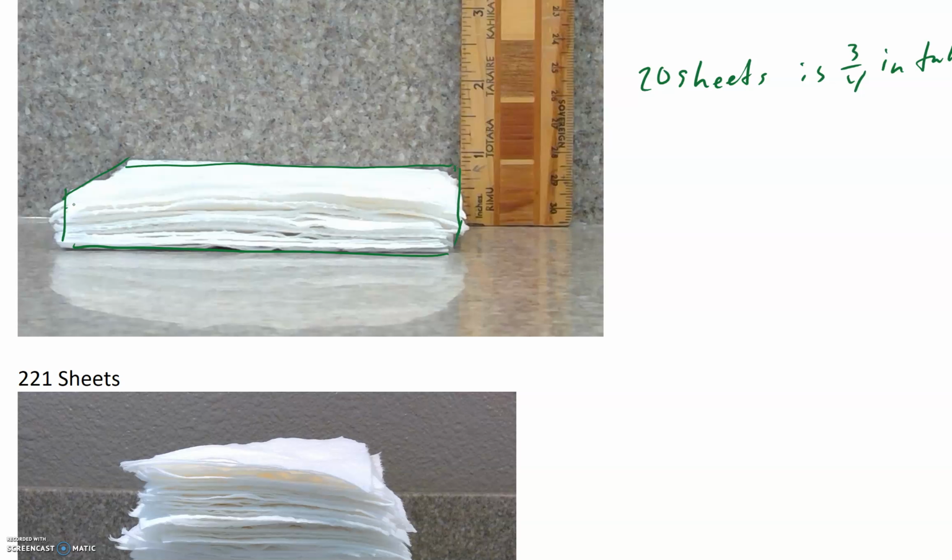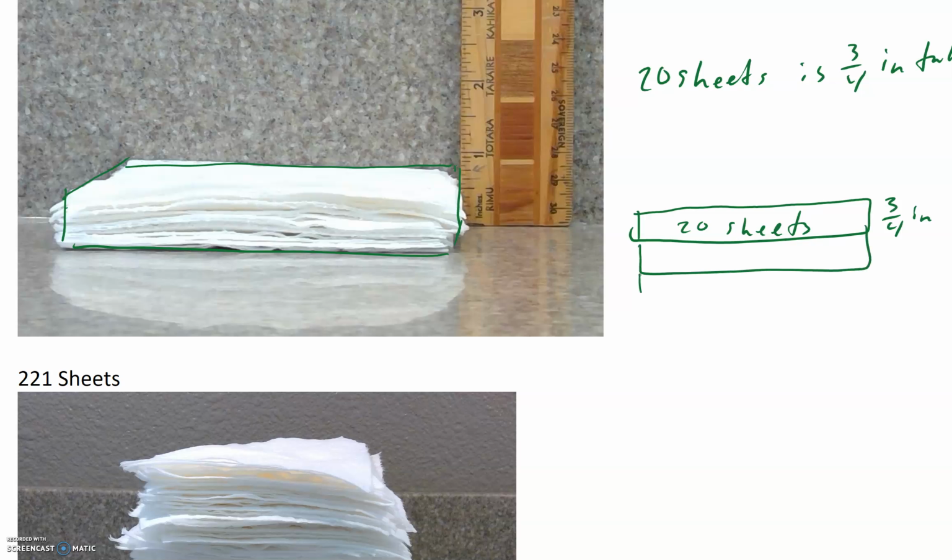So if we take one of those, and that is 3/4 of an inch, and that's 20 sheets, right? There are 11 times 11. So if I did this 11 times, all right.